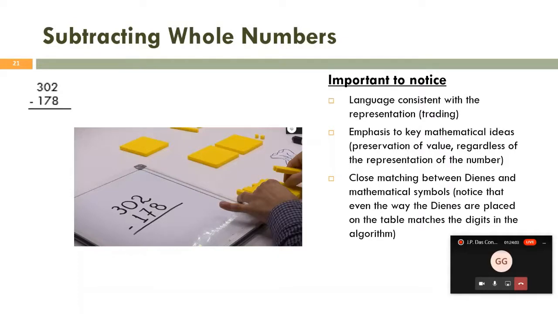Also notice that even when he traded the 10 rods with the flat, he shifted the flats to the left in order to make some space for the rods, and he did this on purpose because he wanted the way that the cubes are arranged on the table to match the algorithm, the way that 302 is represented. So these are important things to notice.